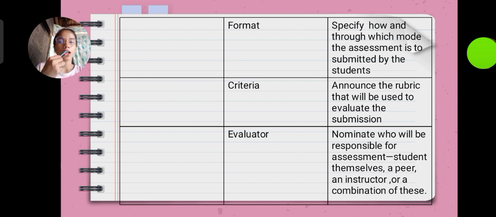It is because she wants our assessment to be neat and arranged in order. Next is the criteria. Announce the rubric that will be used to evaluate the submission. This is what the teacher uses in order to grade the assessment of the students. Next is the evaluator. Nominate who will be responsible for assessment: students themselves, a peer, an instructor, or a combination of these.